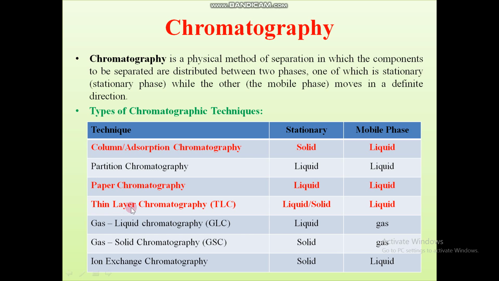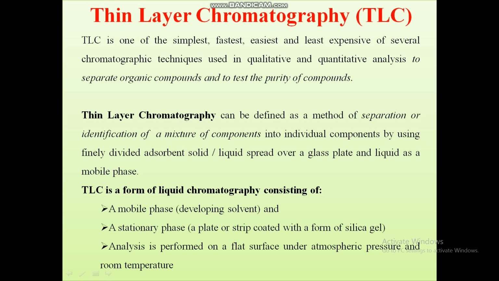The first one is thin layer chromatography, which is nothing but TLC. This is one of the simplest, fastest, easiest and least expensive of several chromatographic techniques. It is used in qualitative and quantitative analysis both, to separate organic compounds and to test the purity of compounds.